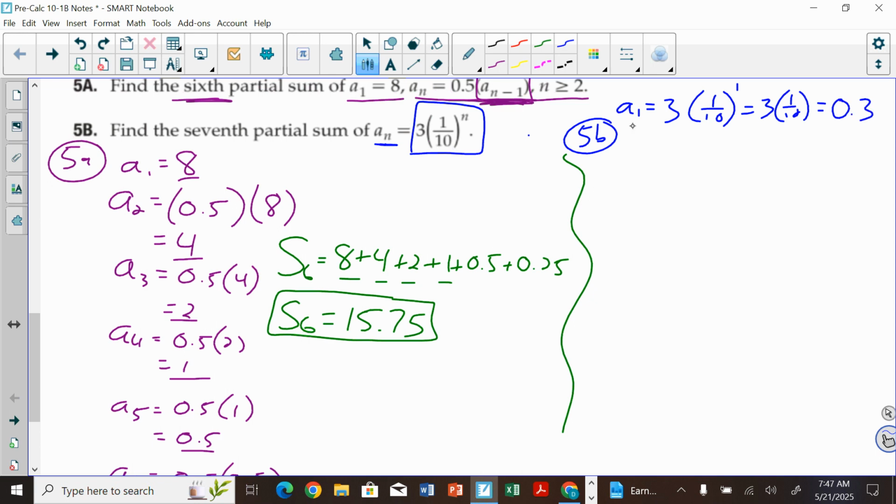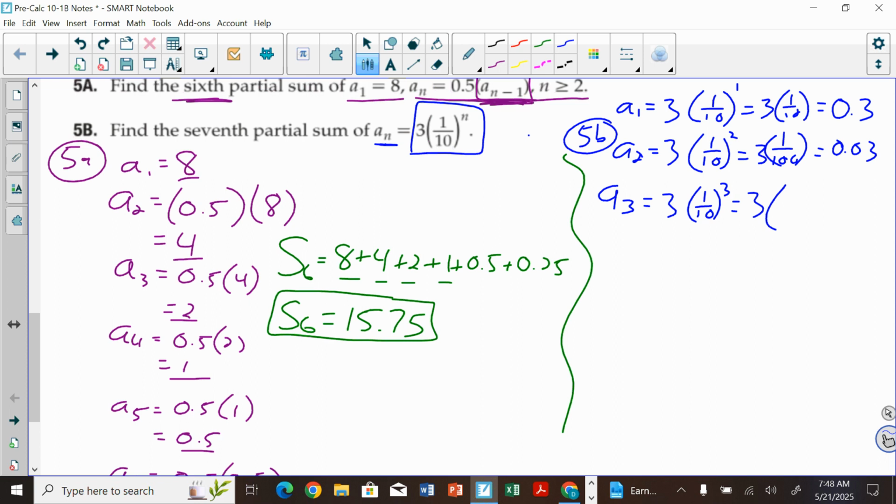Okay. All right. The next one then, a sub 2 would be 3 times 1/10 to the second power, which is 3 times 1 over 100, which is going to be 3/100ths or 0.03. Okay, and you might start to notice a pattern here. We go to a sub 3, 3 times 1/10 cubed.